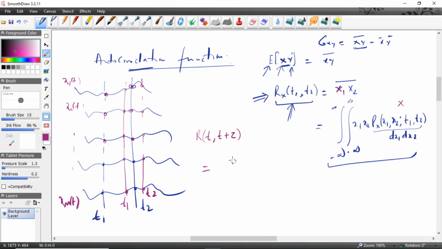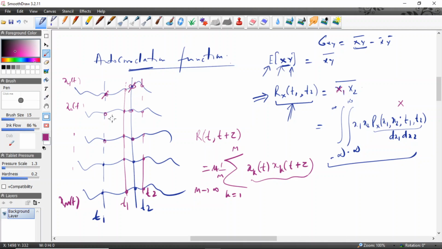So I can write it as the summation of xk(t) times xk(t plus tau), with k from 1 to m, times 1 by m, in the limit m goes to infinity. This is nothing but the product. So in case 1 you have x1(t) and x1(t plus tau), then plus x2(t) and x2(t plus tau).